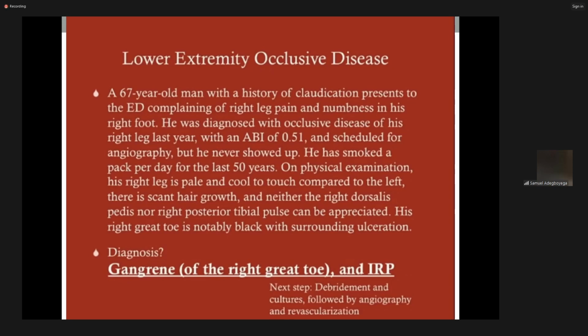And they ask you what's the next best test, your answer should be what? Spectral Doppler. ABI maybe. Could you do PVR or a duplex? How about this?